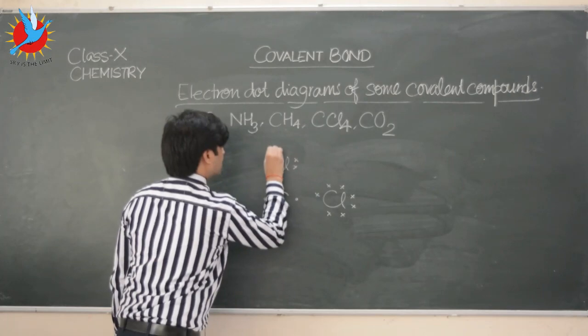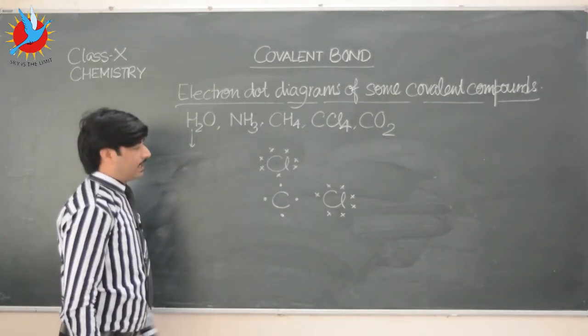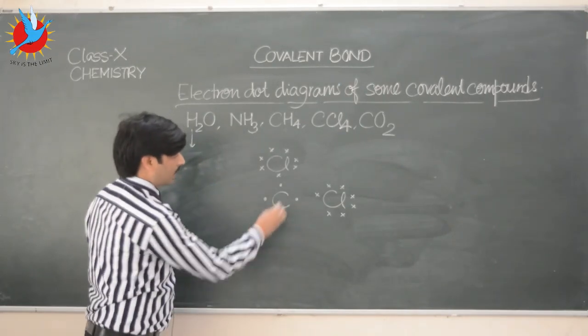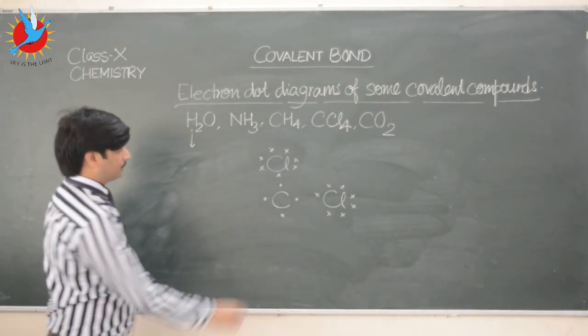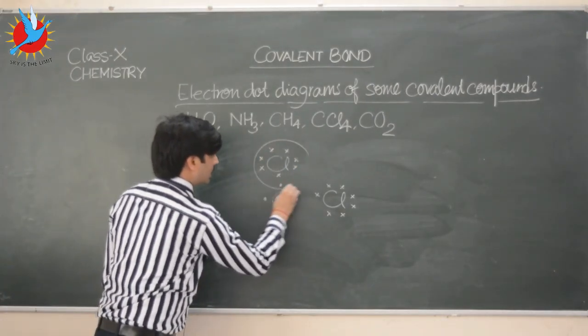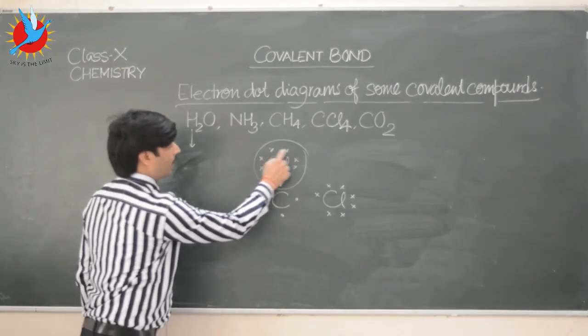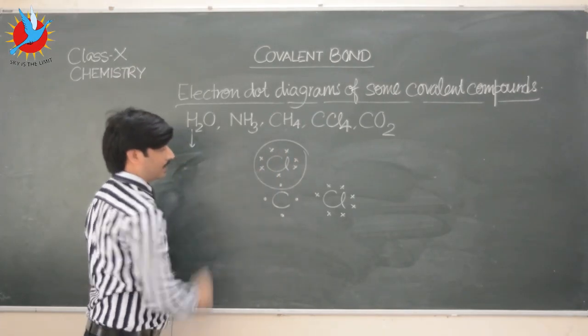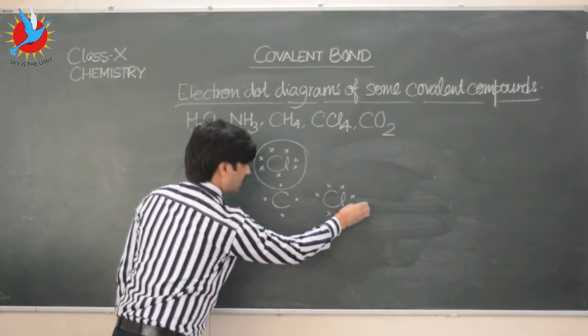So chlorine has 7 electrons in its outermost shell and needs one more electron. That's why it will share one electron with carbon atom. And by the sharing of one electron with carbon atom, chlorine atom will get 1, 2, 3, 4, 5, 6, 7, 8, meaning the nearest noble gas electronic configuration.